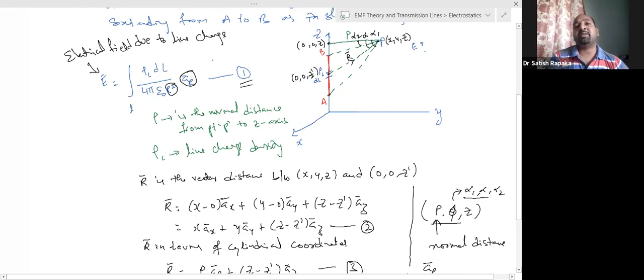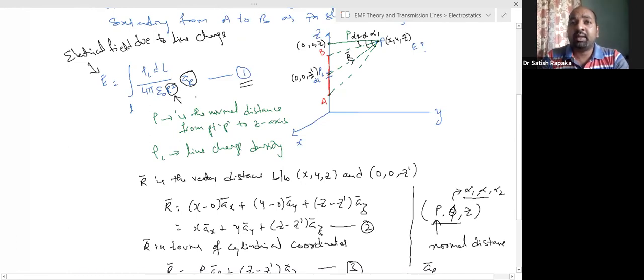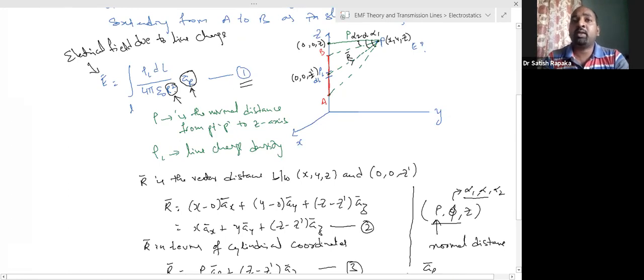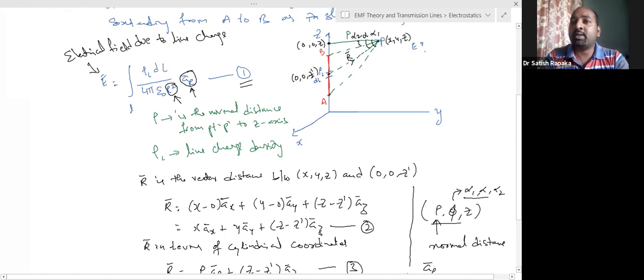So in order to determine the solid expression, we need to know what is R and a R bar, right? And R from the figure is the distance from the differential element to point P. The differential element is considered at 0, 0, z dash, and rho is the point of interest.